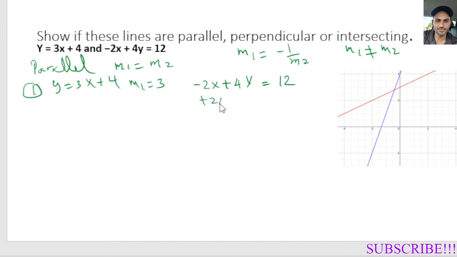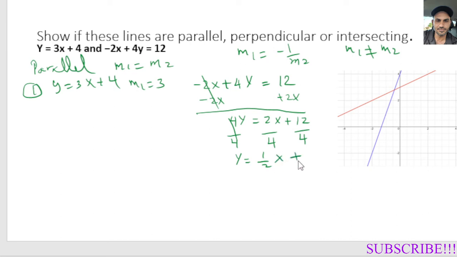We add 2x to both sides, so 4y equals 2x plus 12, and then we divide everything in the equation by 4, so y equals 1/2 x plus 3.